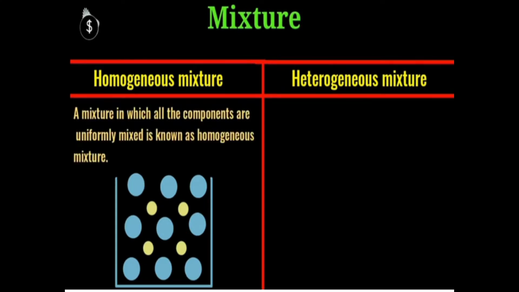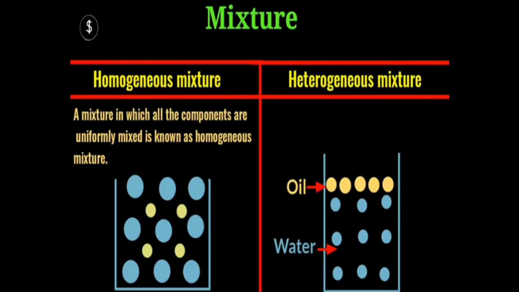So, a homogeneous mixture is a mixture in which all the components are uniformly mixed. As we can see, the particles of sugar have taken their places in water and are uniformly mixed. Now comes the heterogeneous mixture. Suppose we take water and oil, and we put the oil in water.